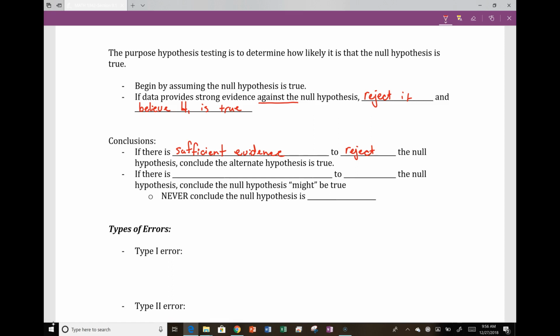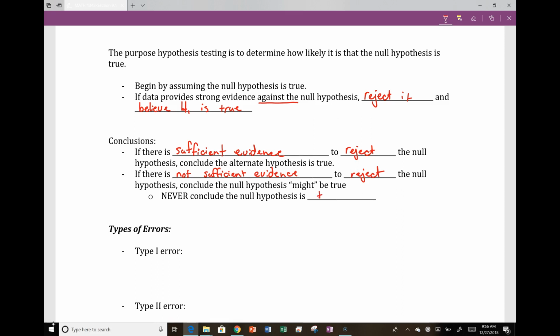If there is not sufficient evidence, so we don't have enough evidence to reject the null hypothesis, then we conclude that the null hypothesis might be true. We don't know that it is.